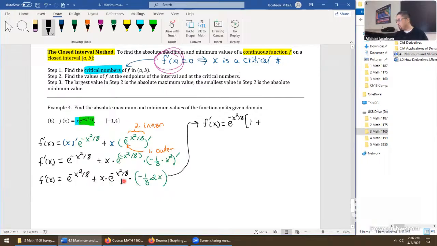And now, when I factor out e to the negative x squared over 8 from this position, I'm left with x times x, so there's an x squared, and this constant is negative 1/4. So it's going to be plus, let me fix that, didn't look before I left, minus 1/4 x squared. Again, power 2 on x comes from this x and this x. e to the negative x squared over 8 was factored out, so it's just gone. And I simplified this fraction as well to get the negative 1/4. Does that look right to folks so far?